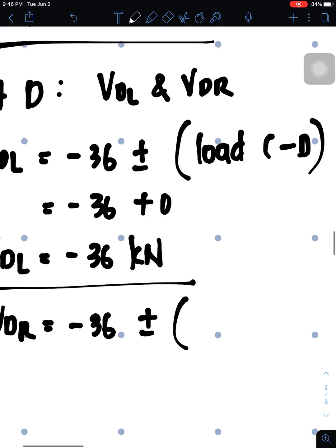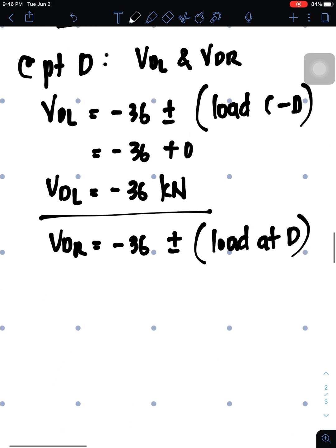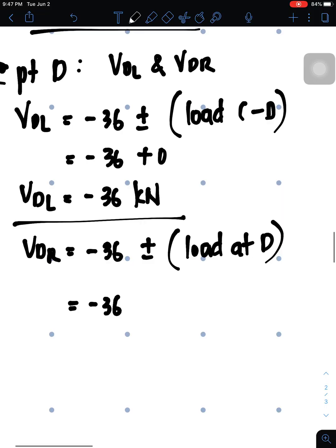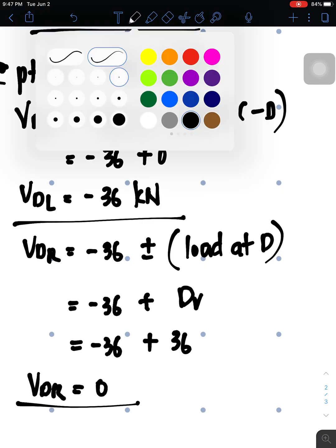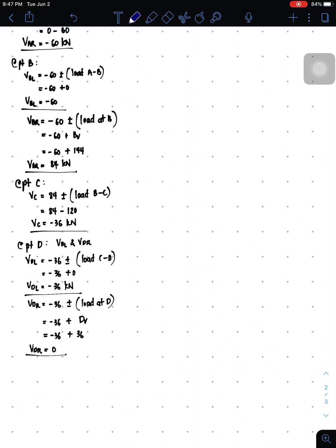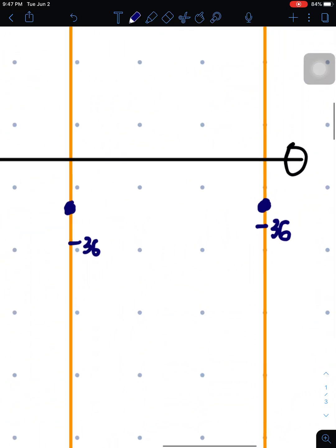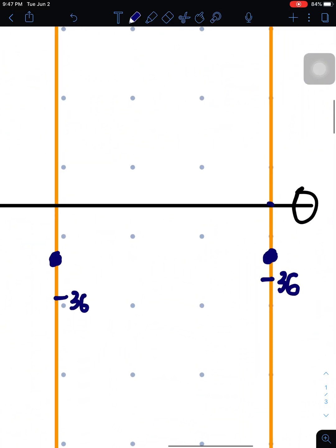Then plus minus load at D. So it's negative 36. Load at D is upward. Upward dV. And the value for dV is 36. So the VDR is 0. Again, the shear value should go back to 0 at the end of the solution.